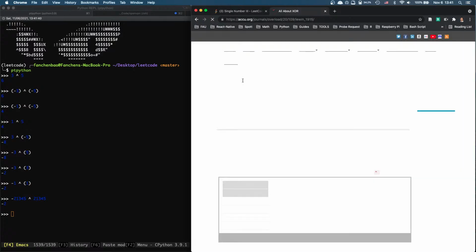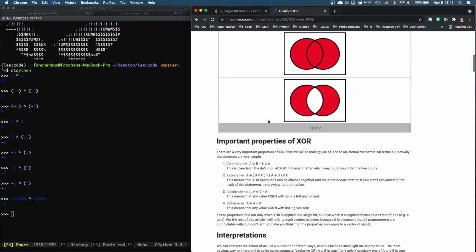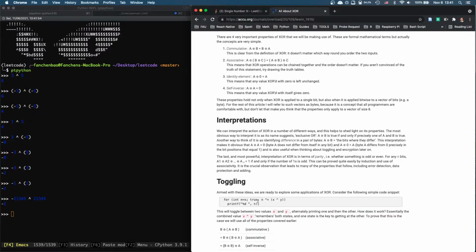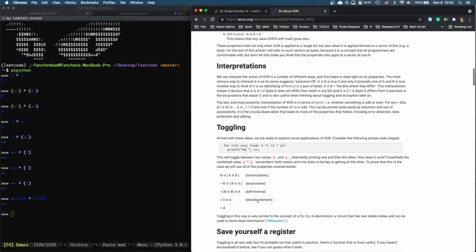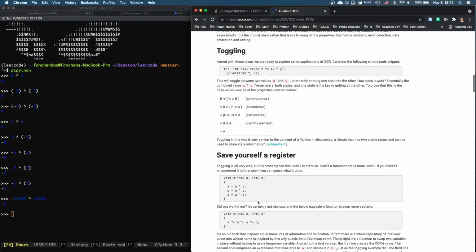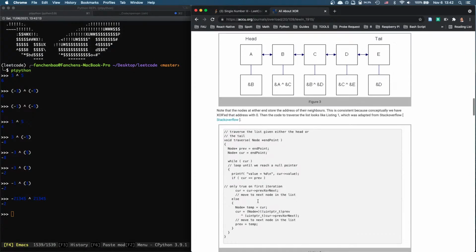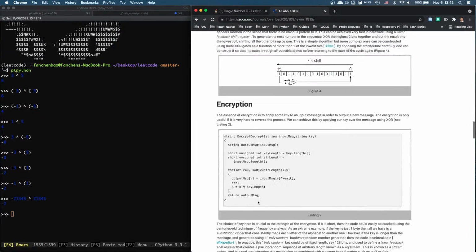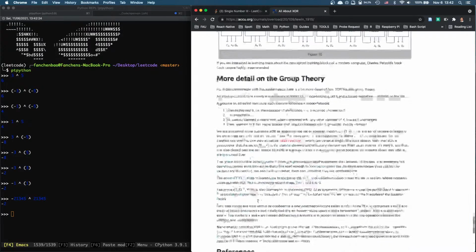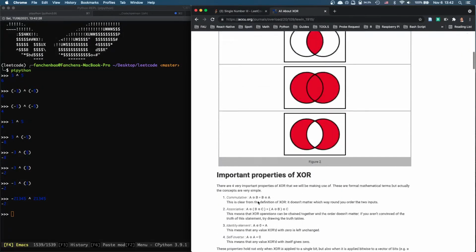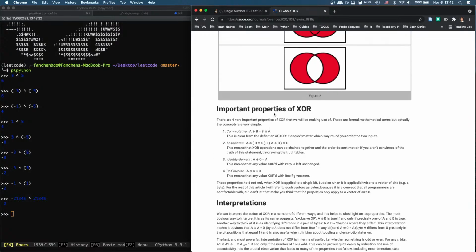It's commutative, associative, identity, and self-inverse. Can we use some of these? I don't know.